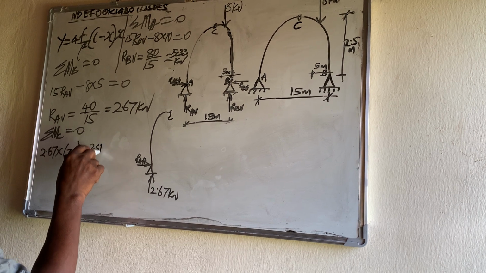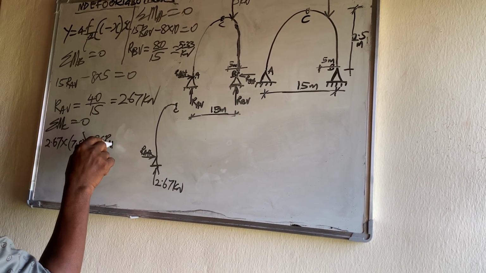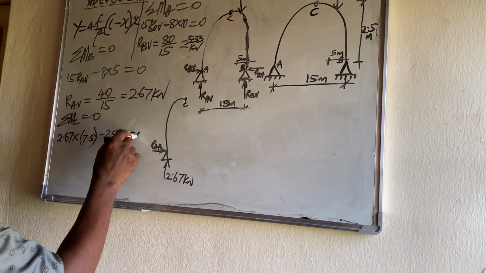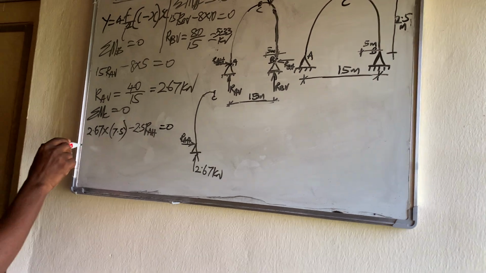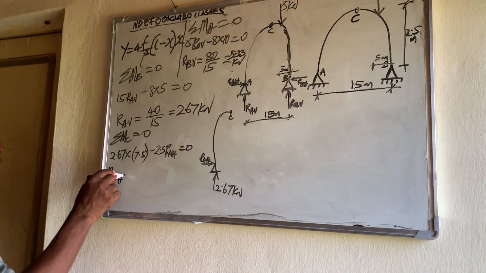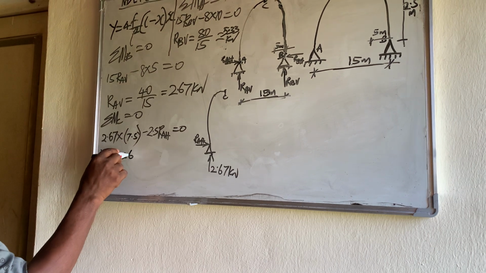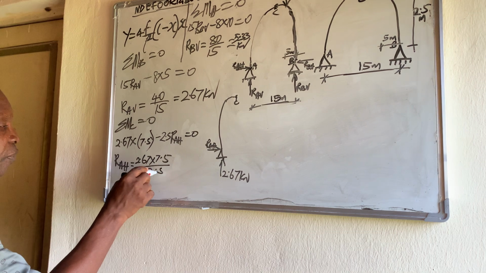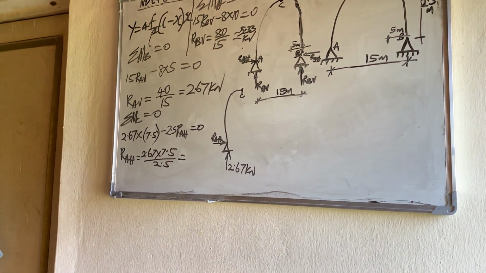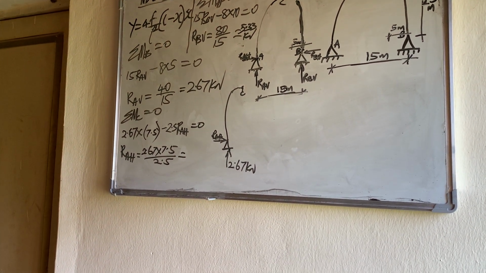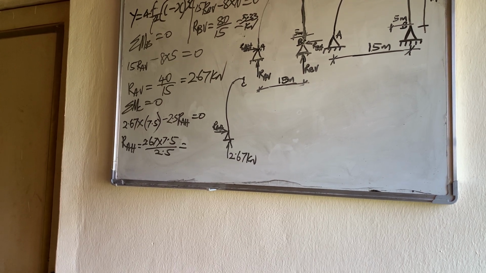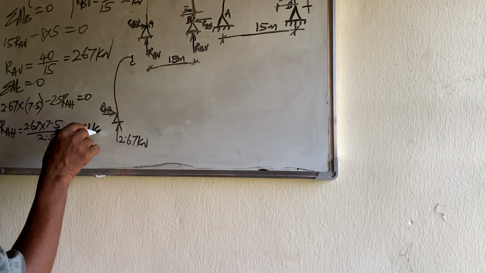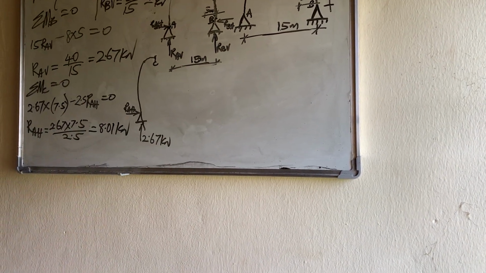There's no other load, so it is equal to 0. So R_A horizontal is equal to 2.67 times 7.5 over 2.5, which is 8.01 kilonewtons. That's R_A horizontal.